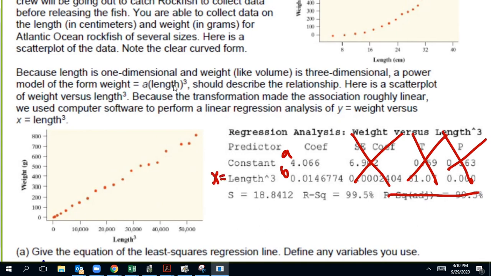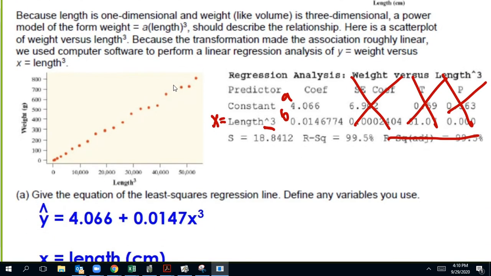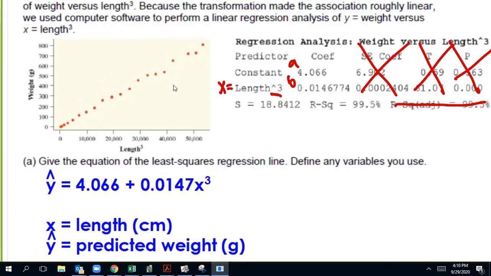And so just hope you notice this cubed thing. That means that we'll write our equation as y hat equals 4.066 plus 0.0147x cubed. And so that is where you get the equation for the least squares regression line, where x is my length and y hat is my predicted weight.